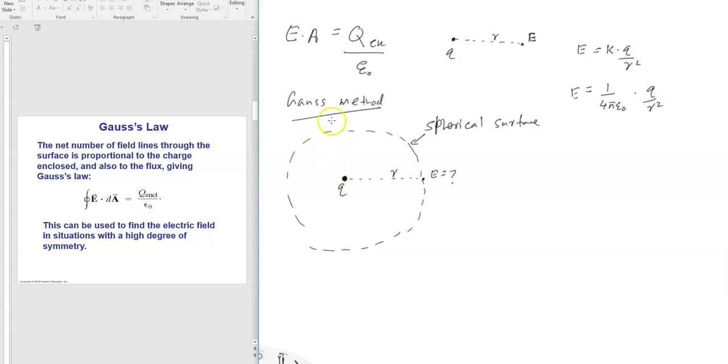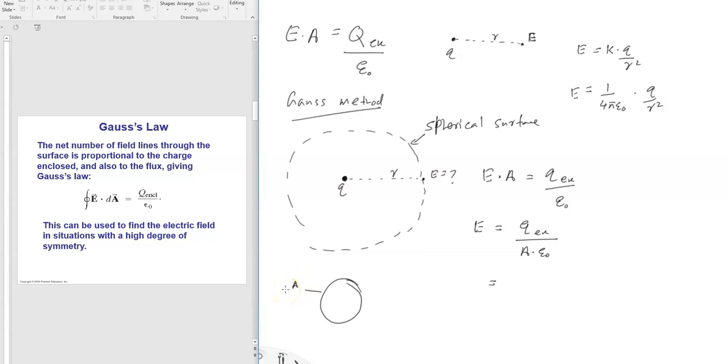Okay, so we draw this spherical surface and then we start here. E times the area of the Gauss surface equals charge enclosed divided by epsilon naught. I can leave E here and take area to the other side. Q enclosed over area times epsilon naught. Now, for a spherical surface, what's the area?